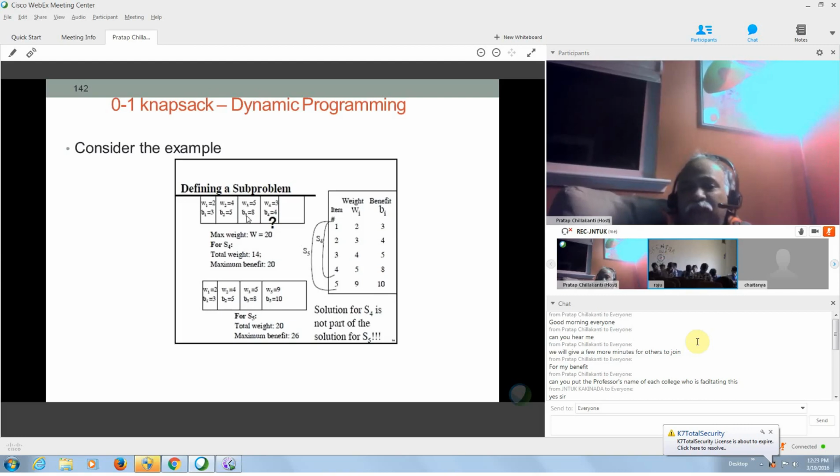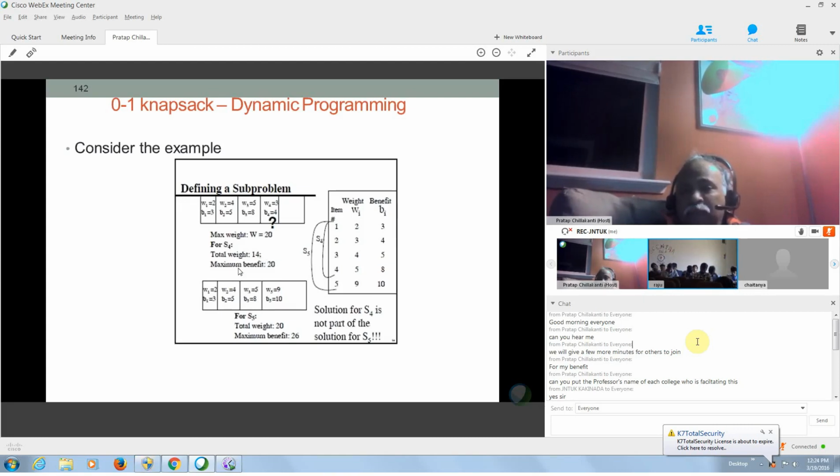There are two tables. There's this one where we considered weights 2, 4, 5 and 3, the first four elements. If you consider those first four elements, your total weight is 14. I think the limit of the knapsack is 20 pounds.